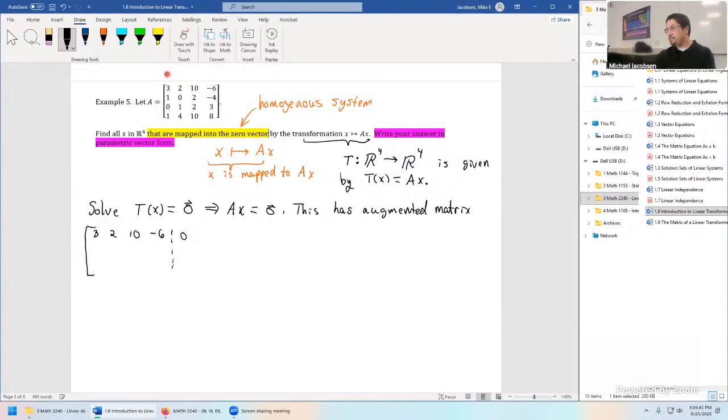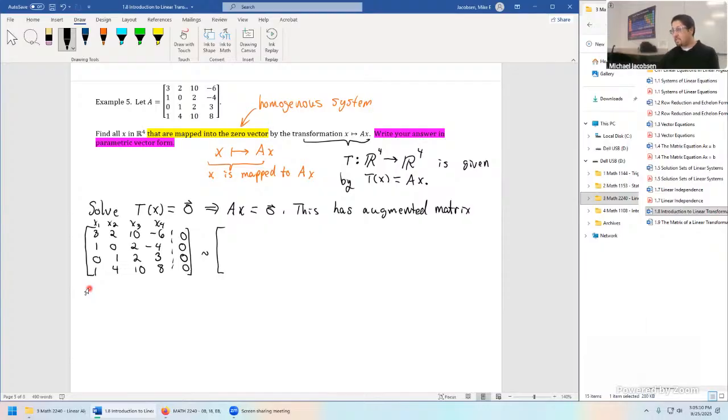Then we're augmenting with the 0 vector, so 0. 1, 0, 2, negative 4. Then a 0, 0, 1, 2, 3. 0, and 1, 4, 10, 8, 0. So that's our system to solve, kind of a larger one. We have variables x1, x2, x3, and x4.